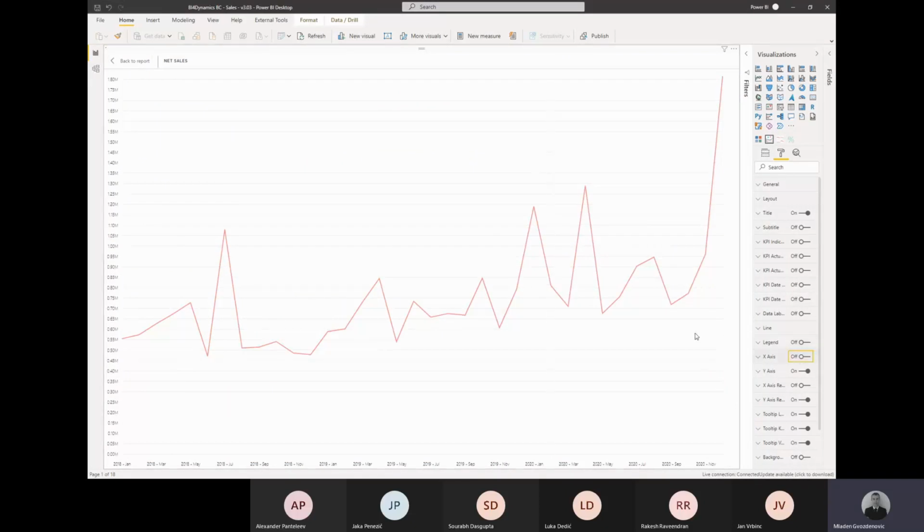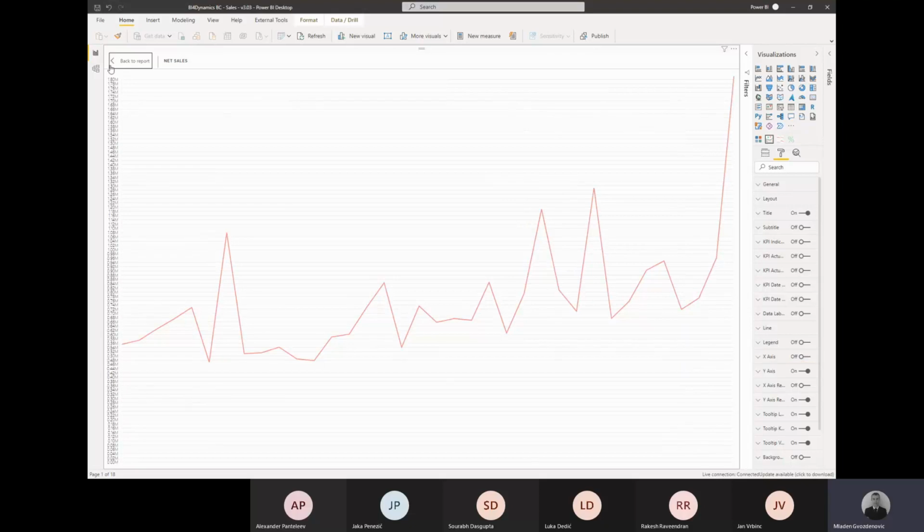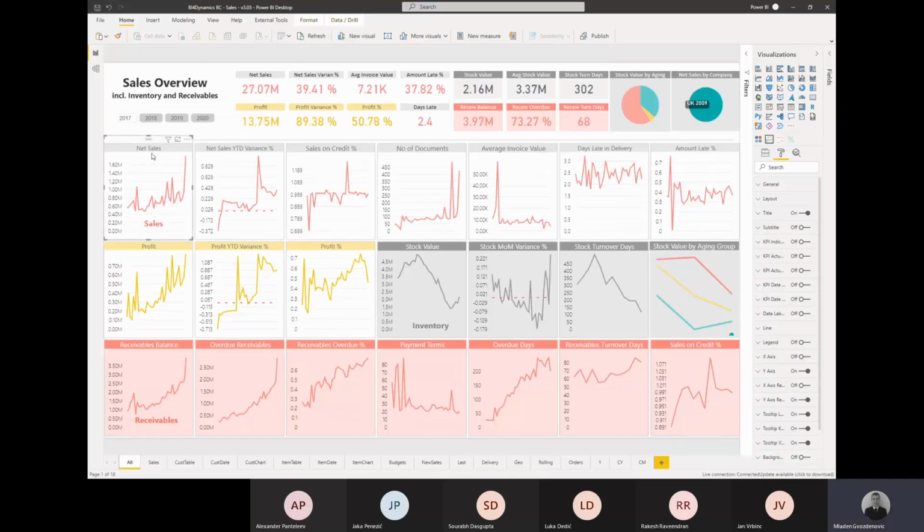I can put it away. Also, I can get this information if I come to the points and I can see the changes by November, December, January, it's a month. It's not a quarter, okay?